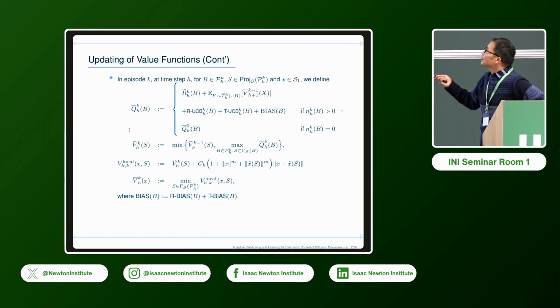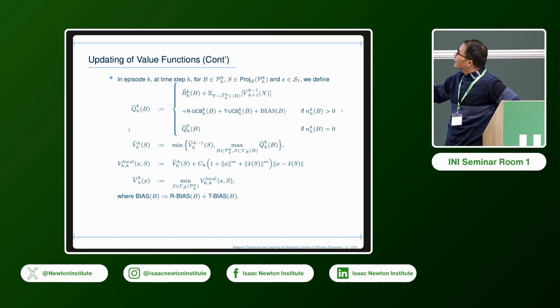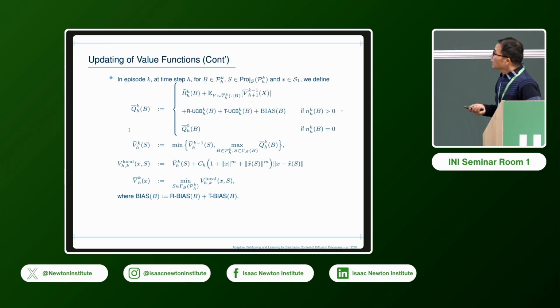The bias term will be combined into this total bias term, and the expectation of the future value function will be estimated by this one plus its error bound T_UCB and other bias. So the two bias terms will combine together. But remember, both of these two terms will be infinitesimal of 1 over square root of visitation counts.